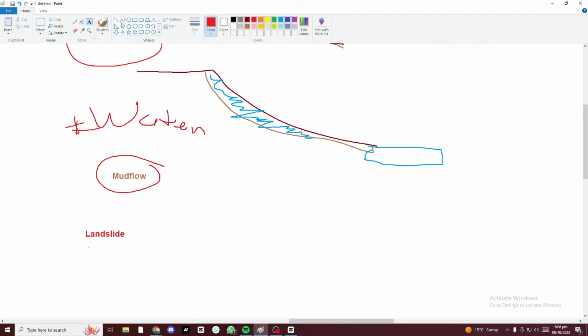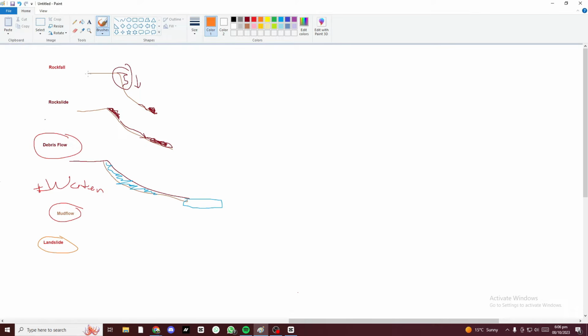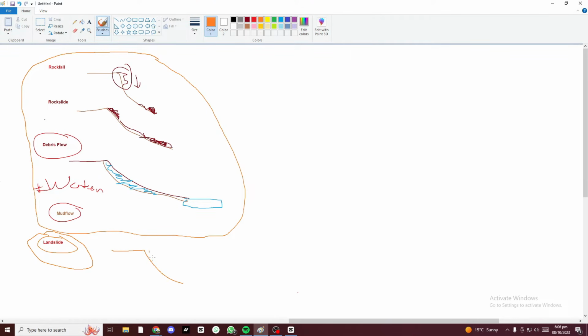So, in theory, a landslide is just a mass movement down a slope. All of these will classify as a landslide, because a landslide is just the general term for earth falling down a hill. That's all a landslide is.